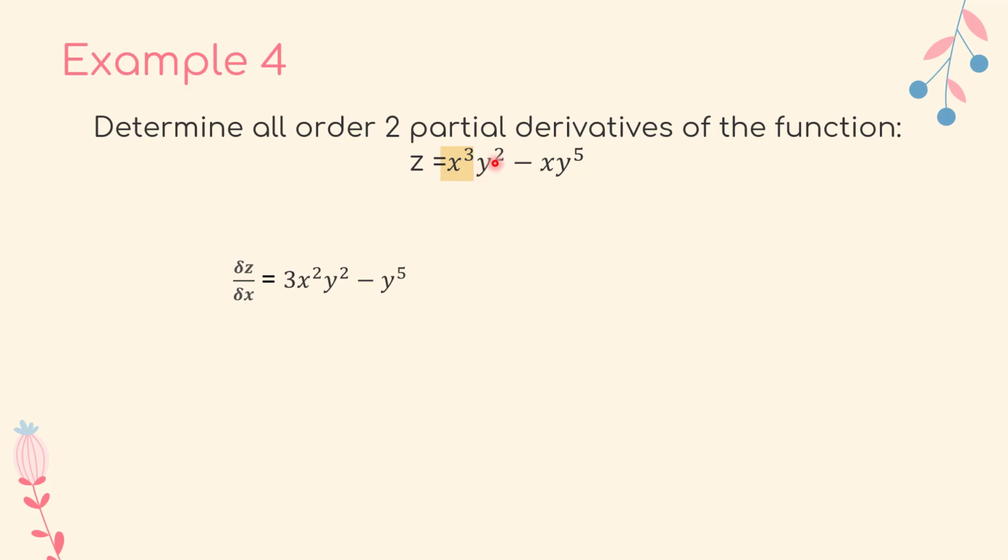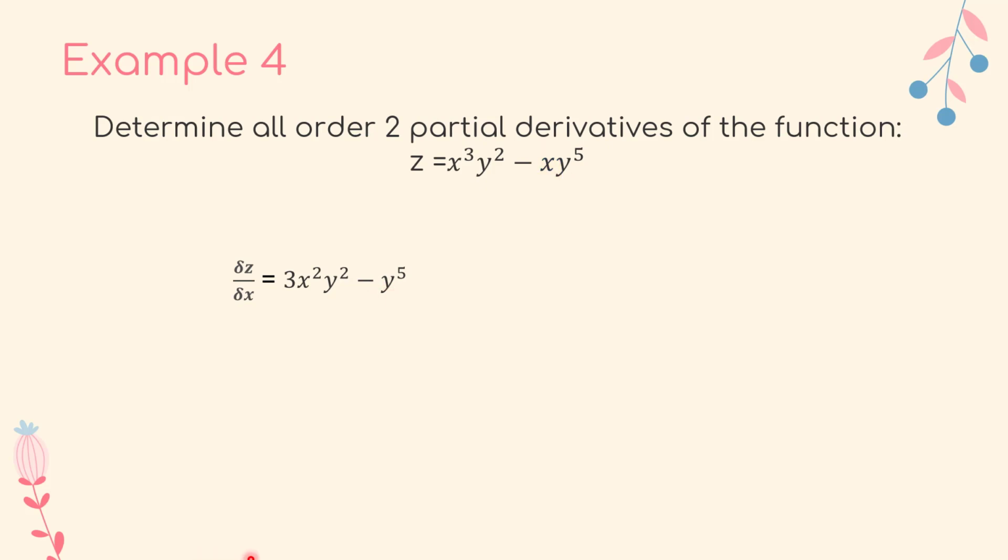So if y is the constant, we derivate x cubed, which becomes 3x squared, multiplied by y squared, which just follows. And for x y to the power of 5, since y to the power of 5 is just a constant, the derivative of minus x becomes minus 1, multiplied with y to the power of 5.